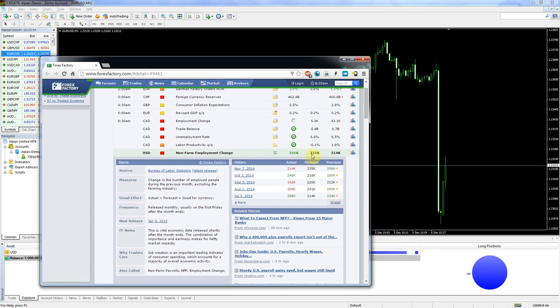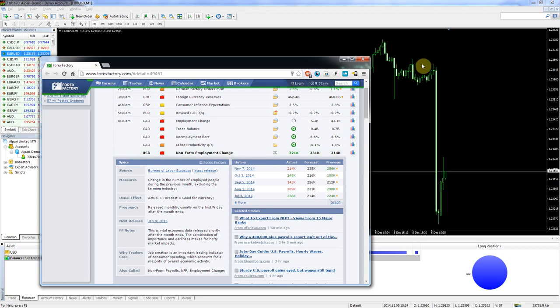It's actually less than 50% better, but much better than the forecasted value, and that's very good for the US. As you can see here, actual greater than forecast is good for currency. So that's really good for the US dollar, and that's why the euro dollar tumbled, meaning that the US dollar got stronger compared to the euro.